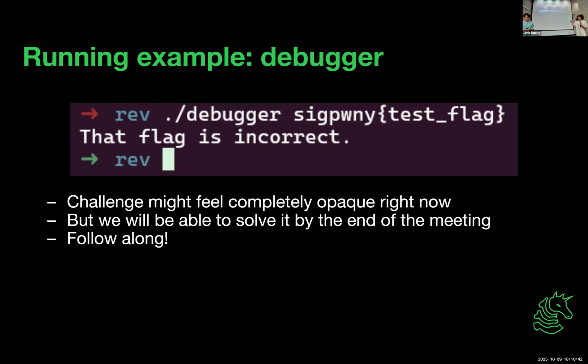You can execute this, dot slash, just executing that debugger executable, and then this is going to be your input. From putting in this test flag, we don't really know what's going on behind the scenes, right? All it says is this flag is incorrect, and we wouldn't ever know how to get the right flag out of this. But by the end of this meeting, you'll be able to find what the flag is.